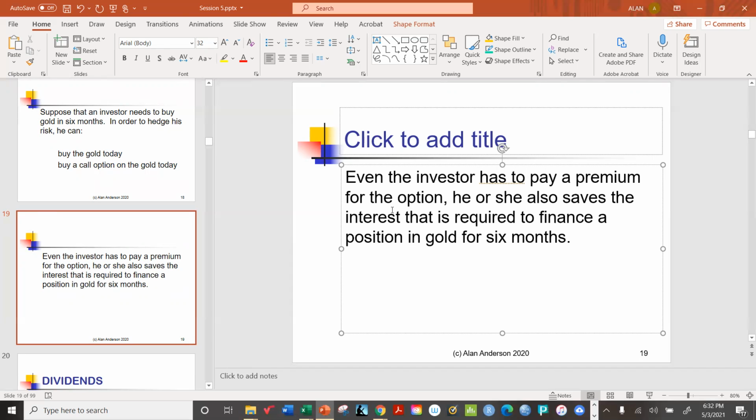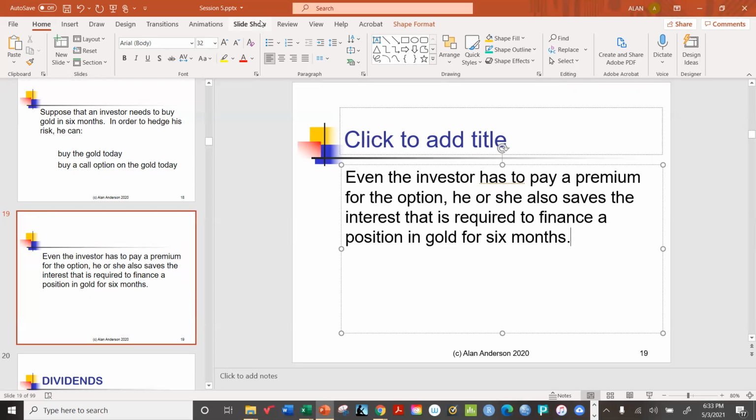So in other words, by buying the gold now, you're tying up your funds for 6 months. So you're running into what would be called an opportunity cost. That's money that could have been used for some other purpose. And so you're giving that up when you buy the gold now, even though you're getting rid of your price risk for the gold. You're still tying up your funds.